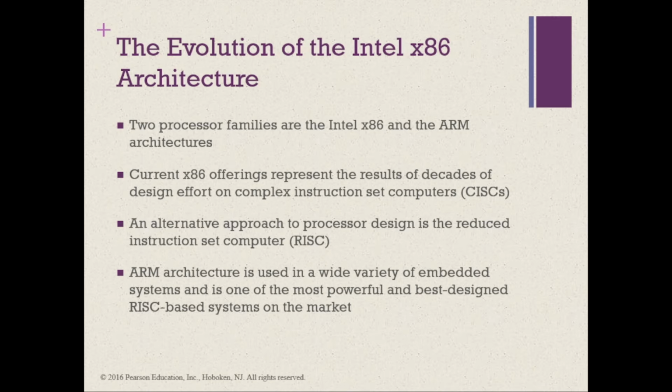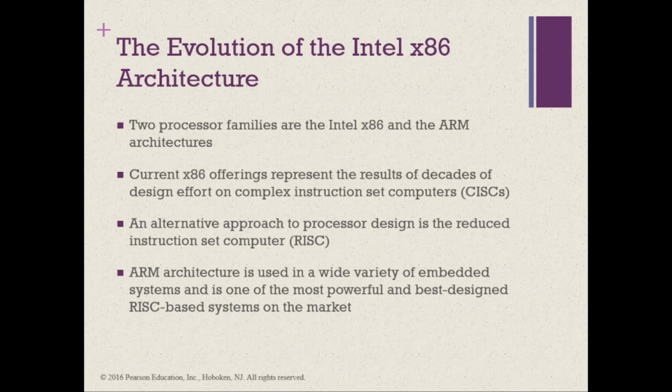The current x86 offerings represent the results of decades of design effort on complex instruction set computers, or CISC. The x86 incorporates the sophisticated design principles once found only on mainframes and supercomputers and serves as an excellent example of CISC design.